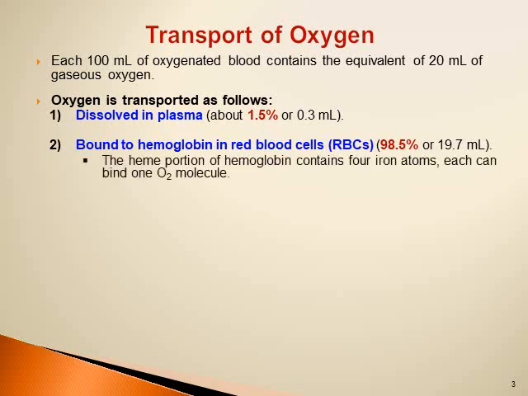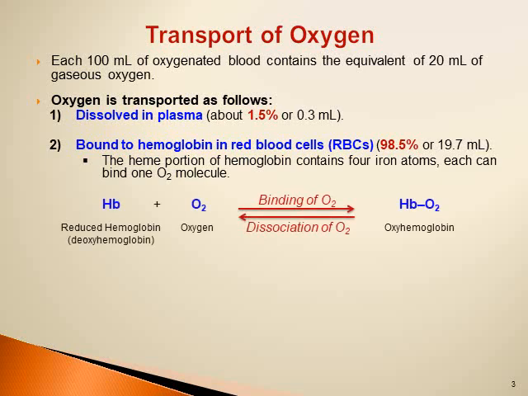The heme portion of the hemoglobin molecule contains 4 iron atoms, and each iron atom can bind 1 oxygen molecule. In this equation, we see that reduced hemoglobin or deoxyhemoglobin binds to oxygen in the lungs to form oxyhemoglobin, which circulates in the blood to reach the peripheral tissue.